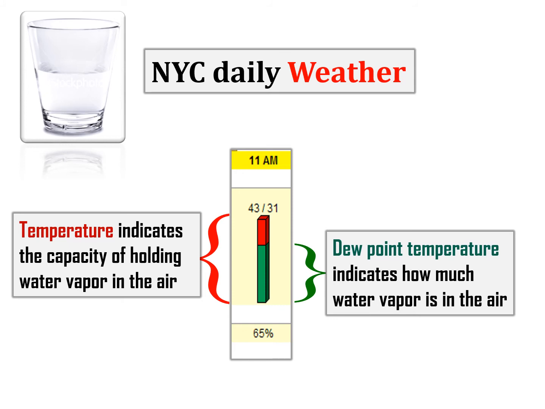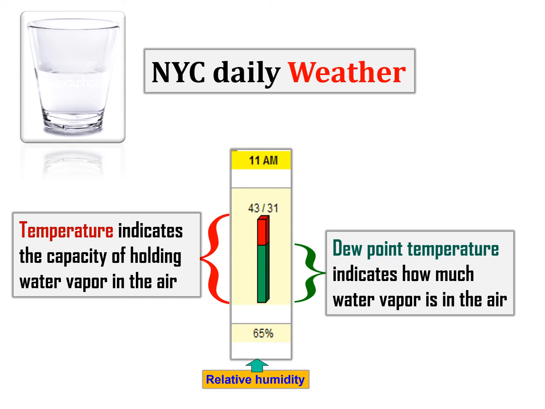So that is the dew point temperature. The difference between temperature and dew point temperature: temperature determines the capacity, the maximum amount of water vapor the air can hold. Dew point temperature tells us how much water vapor is actually in the air.